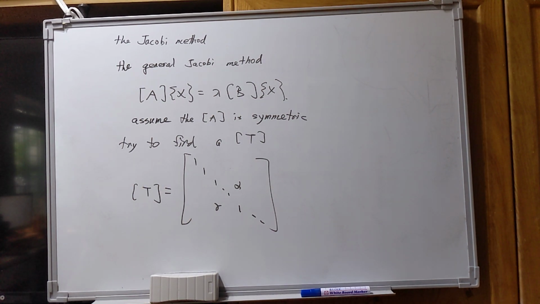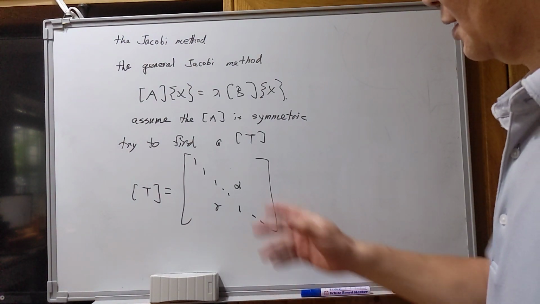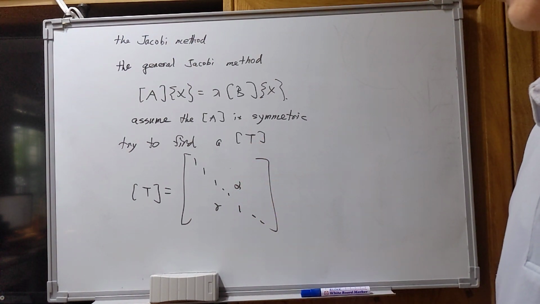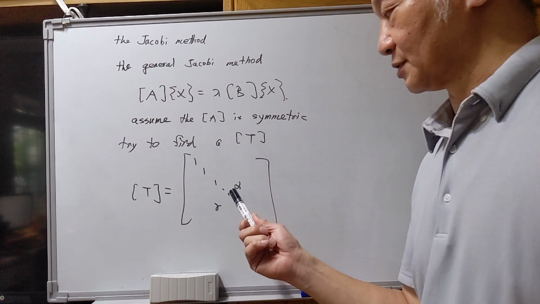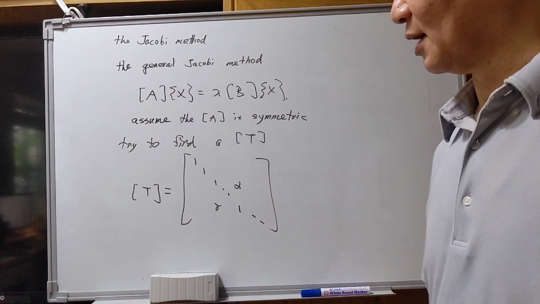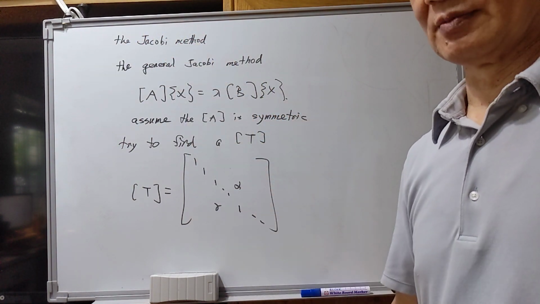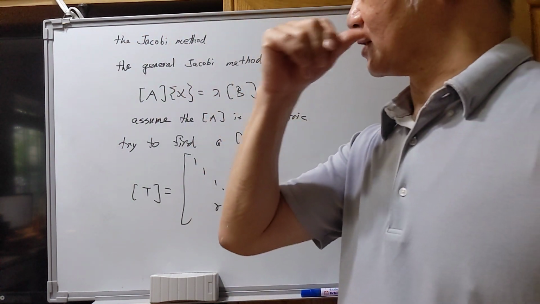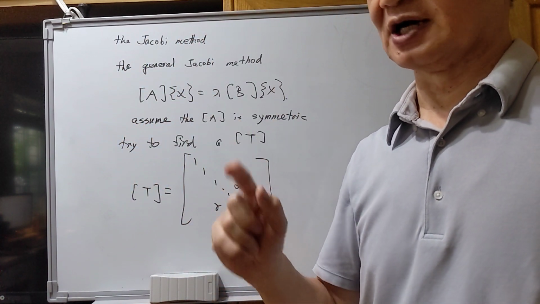Okay, I'm sorry, I leave it here for a while. And that's the form of the T matrix. Right now I have two variables, alpha and gamma, not like the standard Jacobi method. In the standard Jacobi method, we use only one variable, theta.